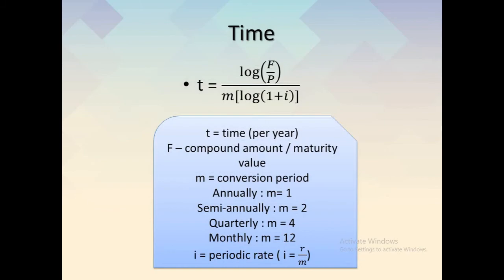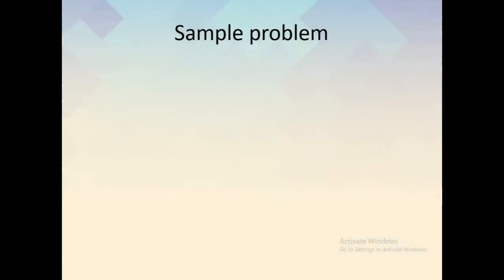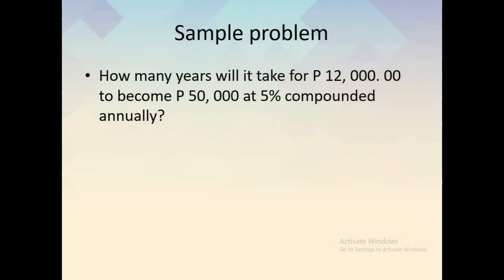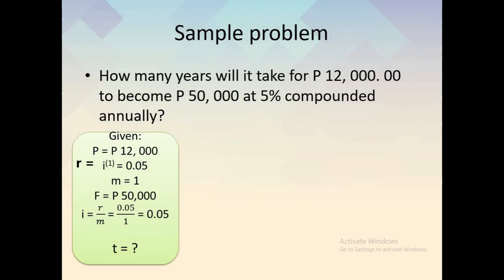Let's now have a sample problem. How many years will it take for 12,000 pesos to become 50,000 pesos at 5% compounded annually? Let's have the given. P, or the principal, is equal to 12,000 pesos. i^(1) is 0.05. m is equal to 1, that is the conversion period.